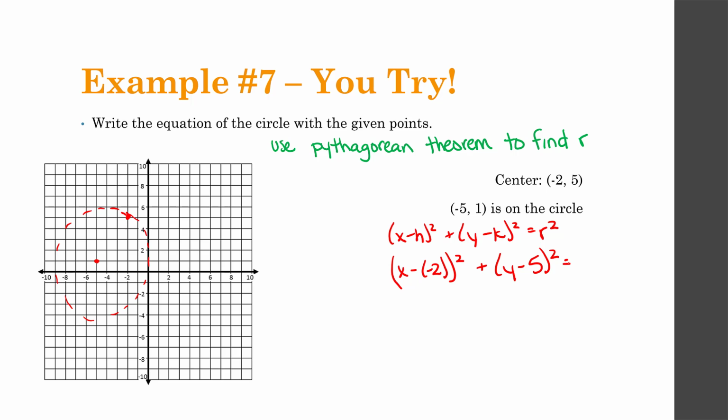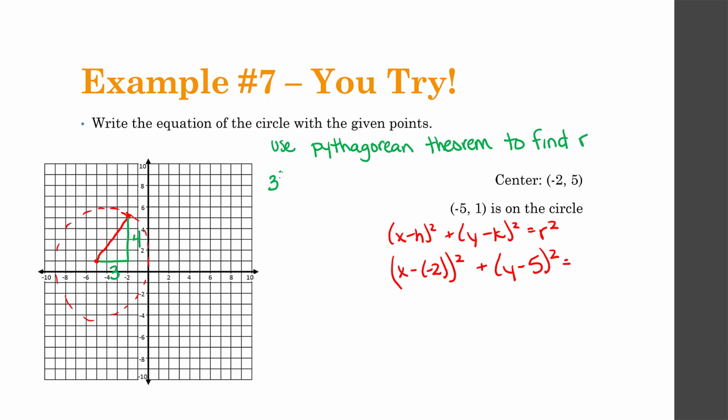So I'm going to connect the center and the point on my circle. And that's my radius, and this is on the diagonal. So I need to use the Pythagorean theorem. Draw in the right triangle, and then count the boxes.